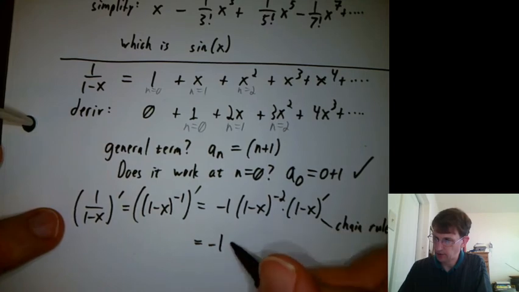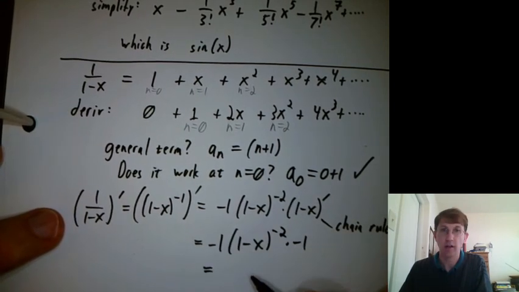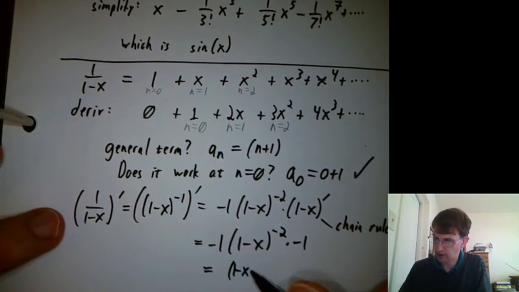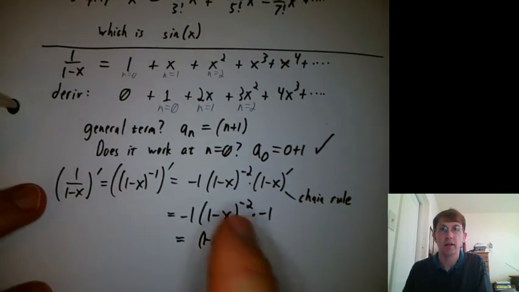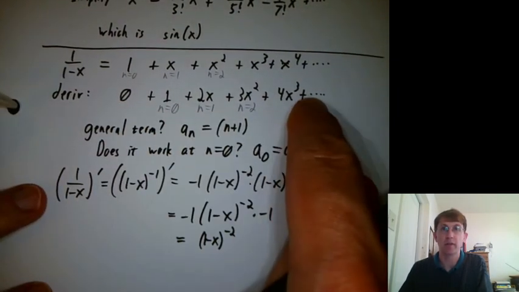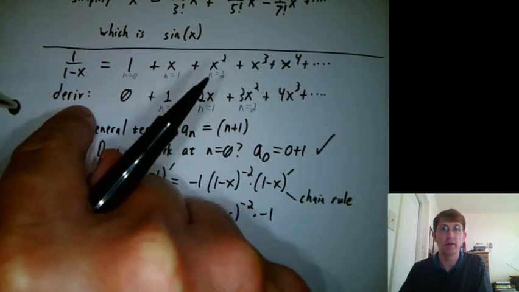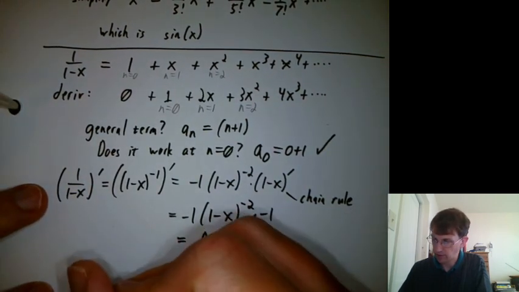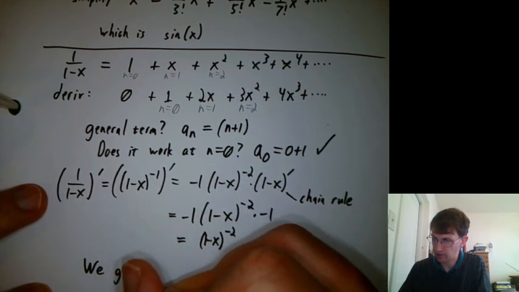So that'd be -1 times (1 minus x) to the -2 times -1, or altogether the negatives cancel, so we get (1 minus x) to the -2. So what we got is this power series is the Maclaurin series for that function, because here we took derivatives term by term, and here we took derivatives of the formula the usual way.